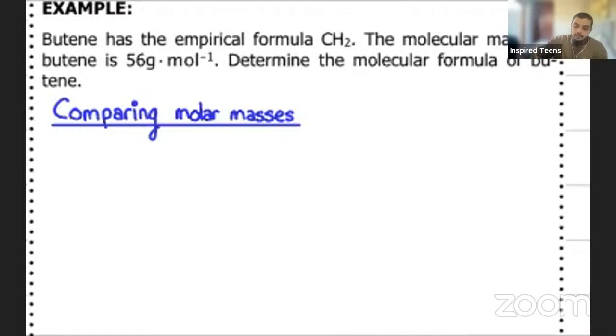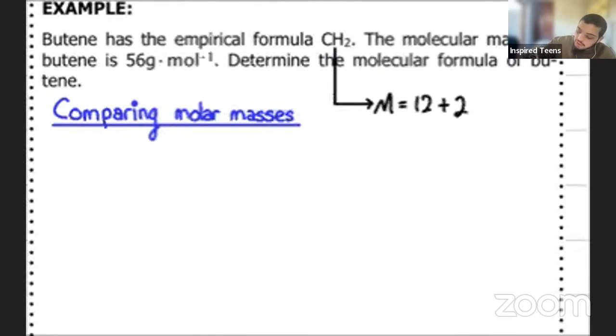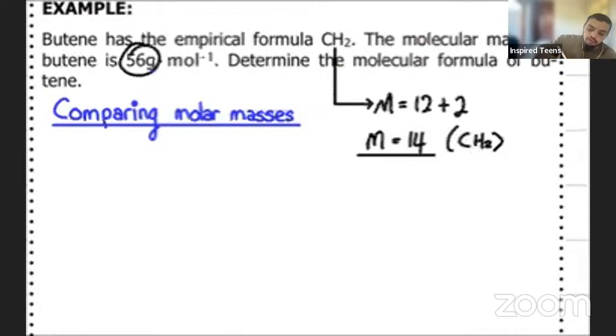So for example, let's get the molecular mass of CH2. Carbon is 12, plus 2 hydrogens is 2. The molecular mass of CH2 is 14. So 56 has to be a multiple of 14.